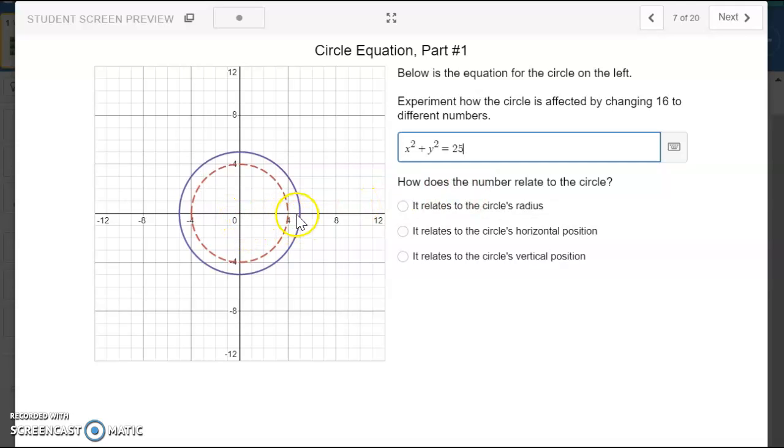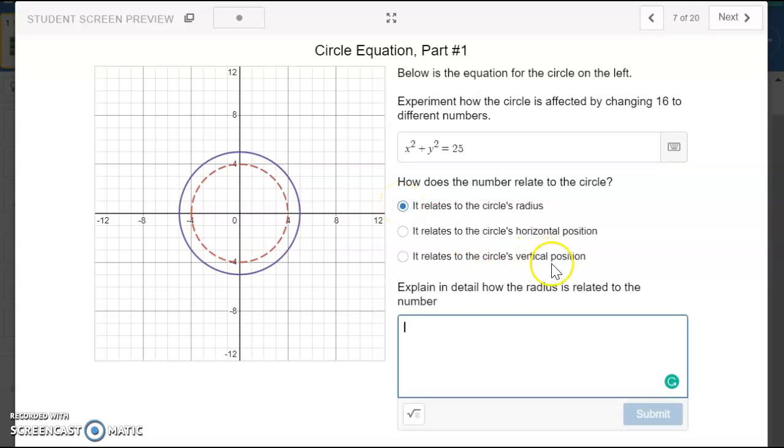What was the radius? In the blue, it's 1, 2, 3, 4, 5. 5 was the radius, and when this number was 25, 5 was the radius. When this number was 100, the radius was 10. Do you see what the relationship is? Okay, it certainly relates to the radius, and you can explain what you think.